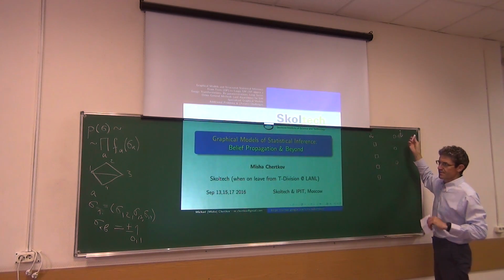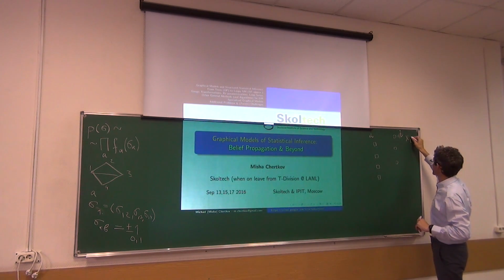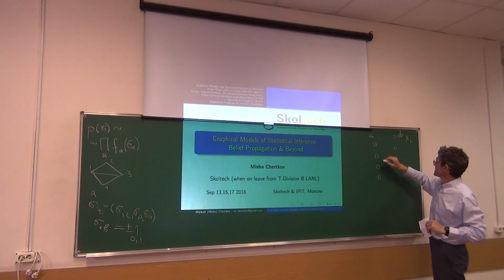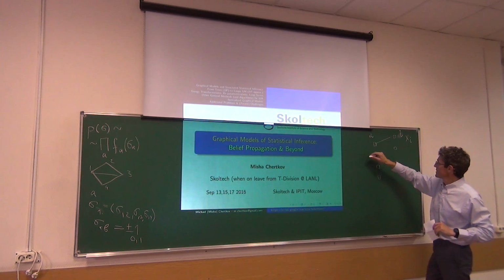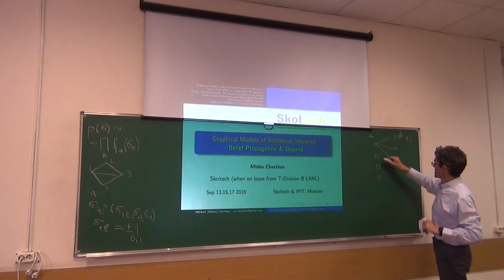I was also alternating between sigma and x. Let me use x here, so it's x_i in this case. Index alpha is associated with factors, with a bipartite graph, for example, like that.